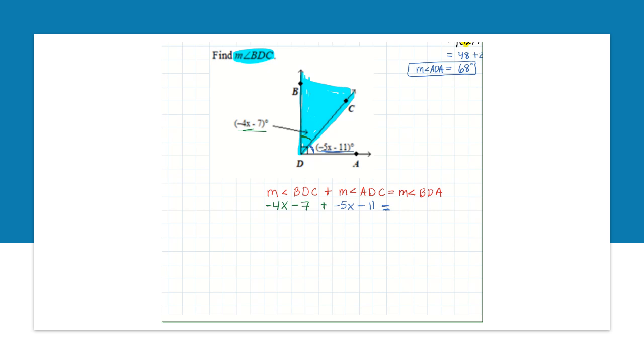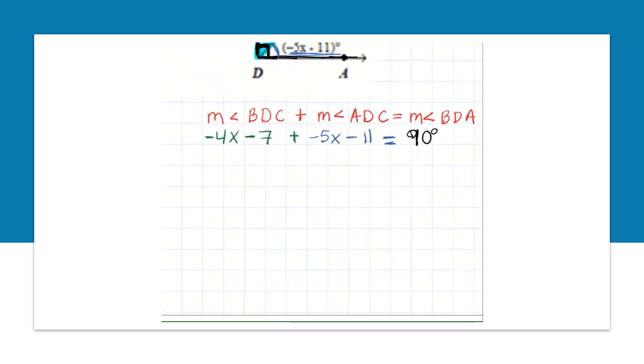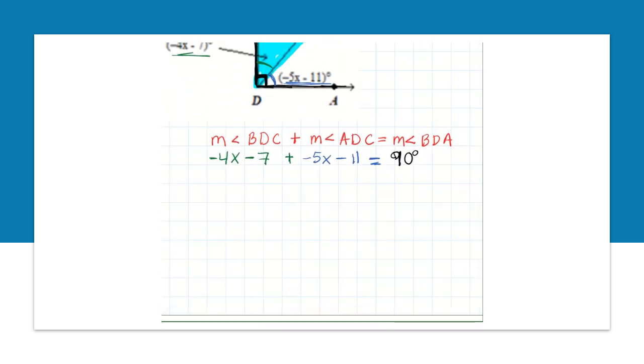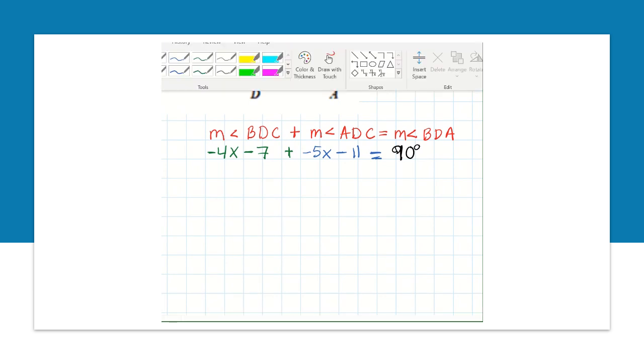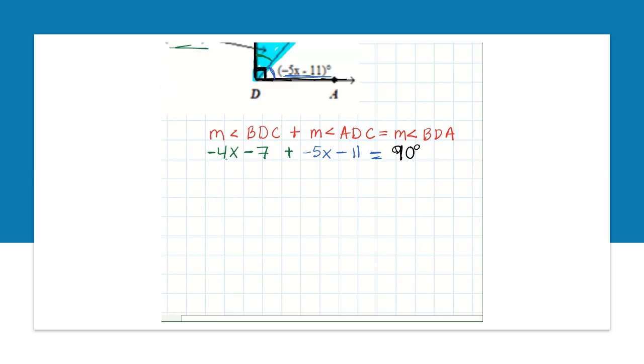We don't know the measurement of the angle BDA. Well, we're not given the actual measurement, but we know what it is. Since it forms a right angle, that means that it measures 90 degrees. It's important to recognize this type of angle because most of the time they won't tell you that they measure 90 degrees. This is just information that we know because right angles measure 90 degrees.